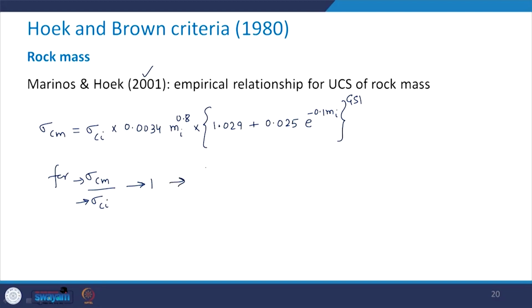This would correspond to the situation when this GSI increases to 100. So, you just substitute 100 here and you will get that this ratio will be approximately equal to 1, or it will be tending to 1.